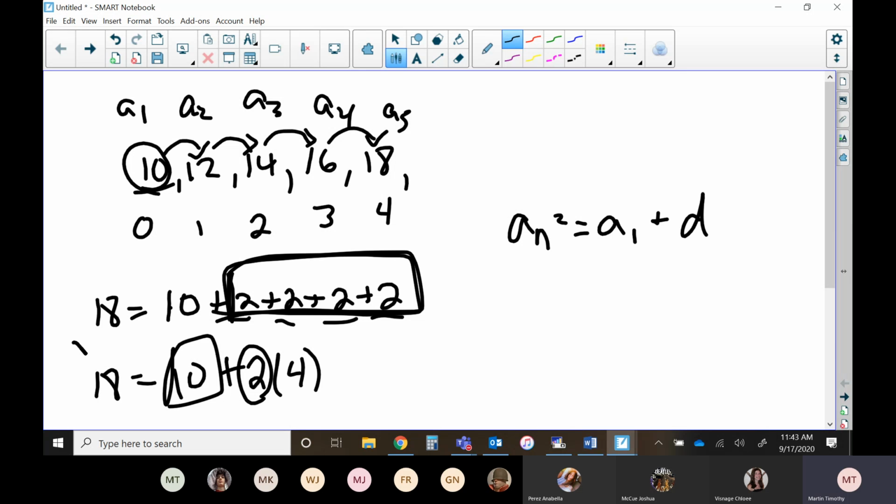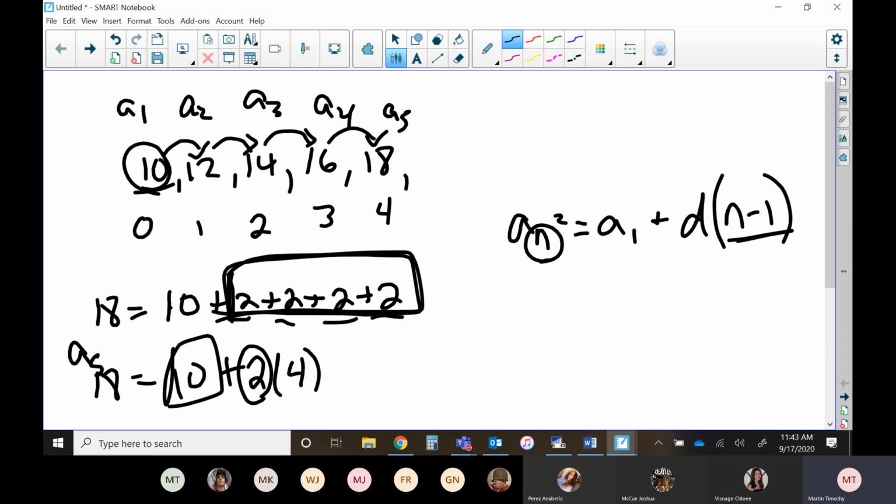Remember, this is A5 times n minus 1. How did she come up with that? You are always going to have the common difference added that many times minus 1. Nick, that's kind of what you said too. You said if I'm on the 100th term, I'm only going to have added 2 99 times.